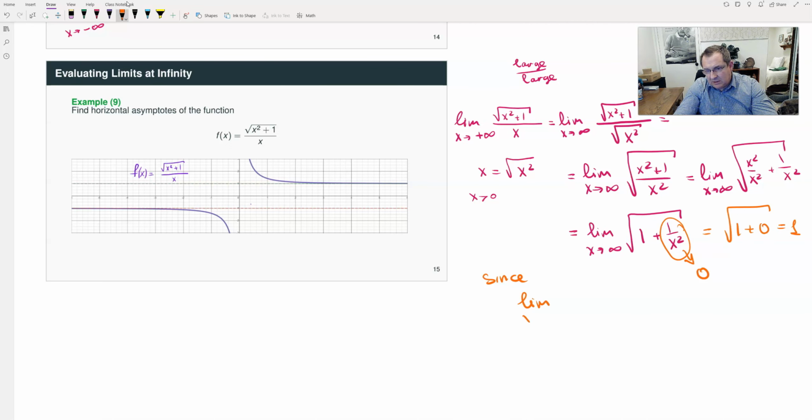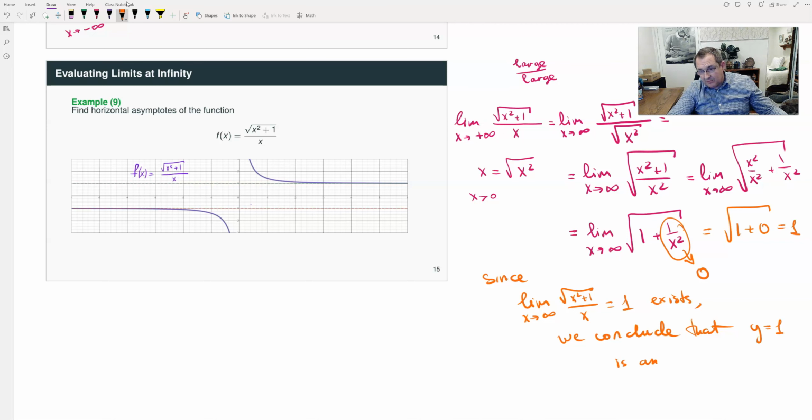Since the limit as x goes to infinity of the square root of x squared plus 1 over x exists, we conclude that y equals 1 is a horizontal asymptote.